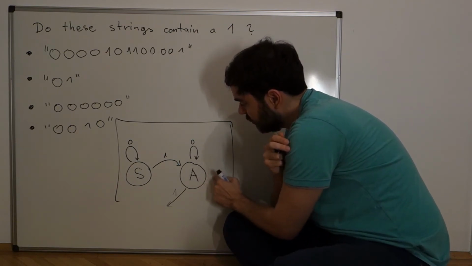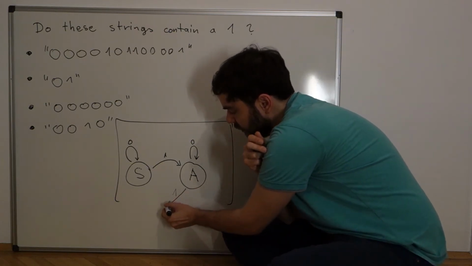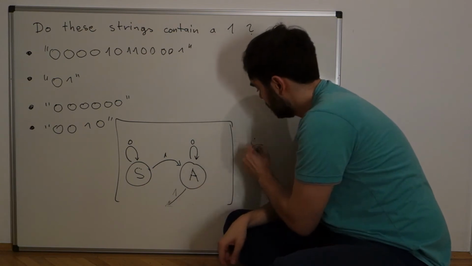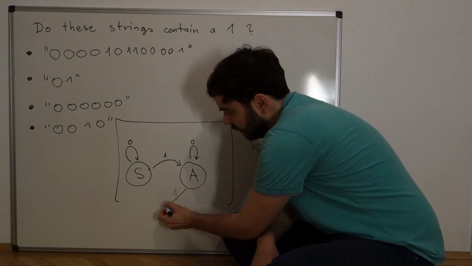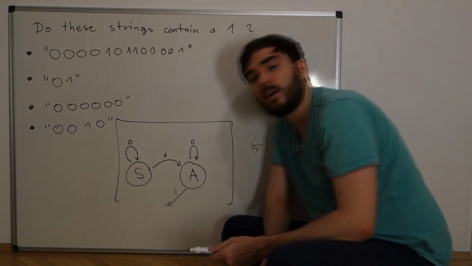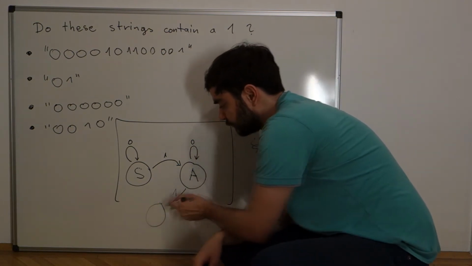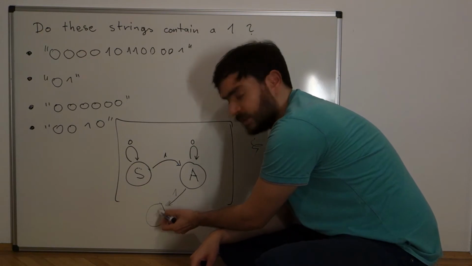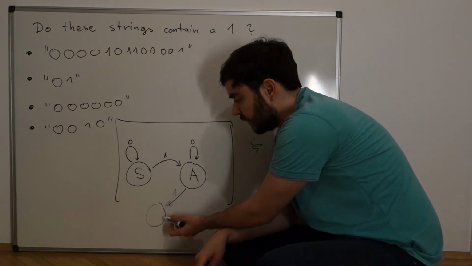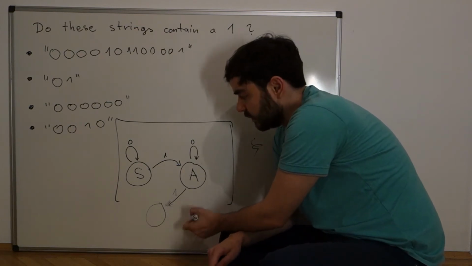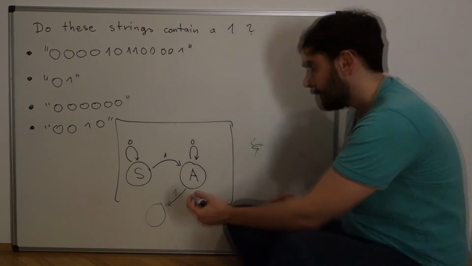And then if there is another 1, if I end up here in this state, this is not an acceptance state, but if there is another 1, then I would have 3 or more 1s, right? And I would accept it again.